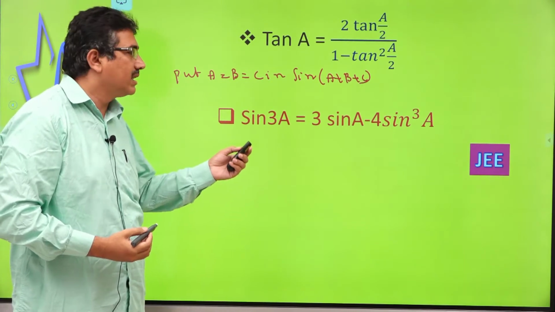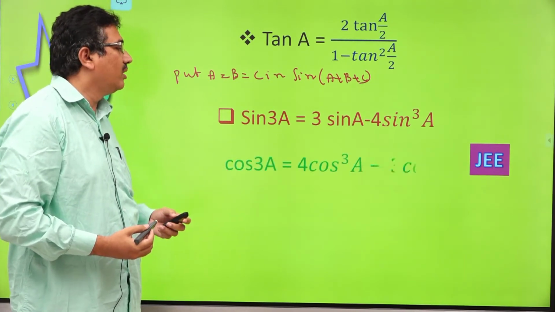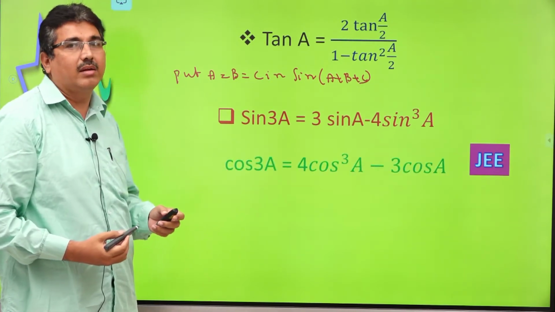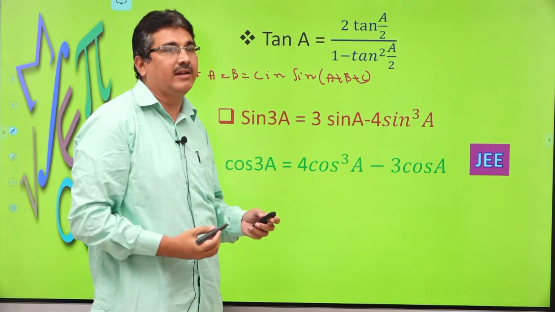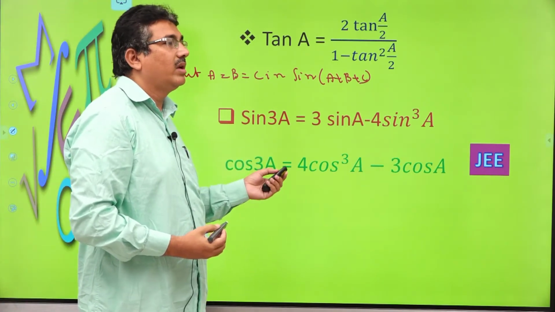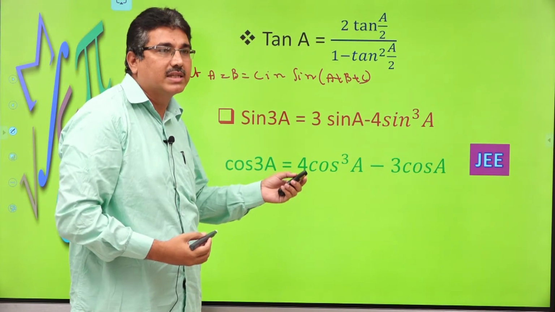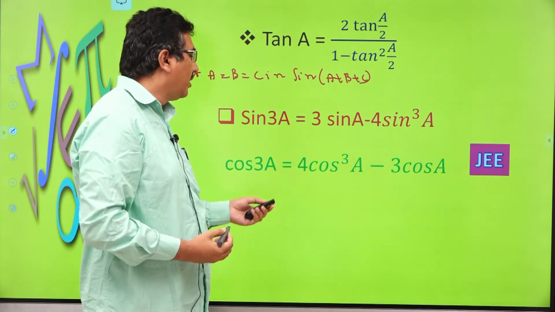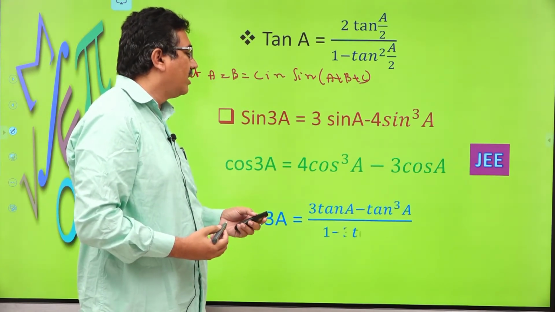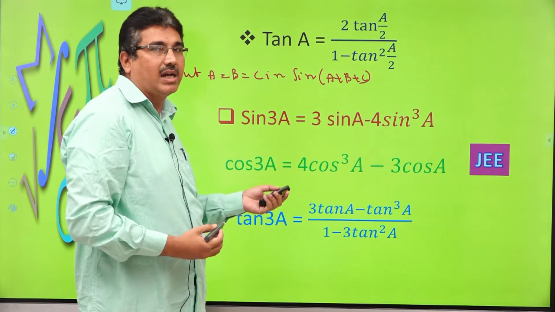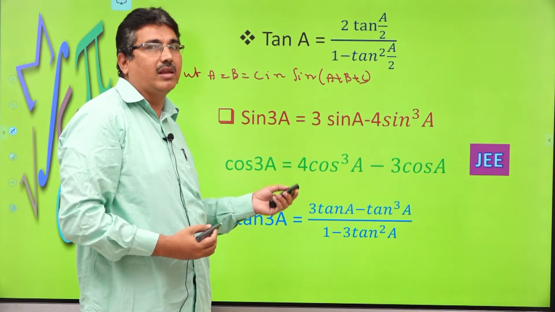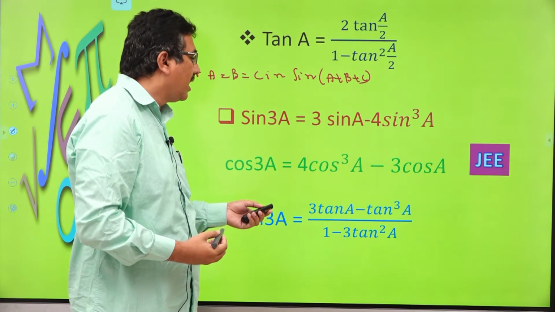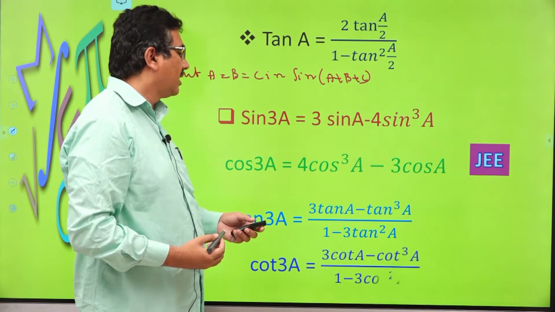Similarly, cos 3A is equal to 4 cos cube A minus 3 cos A. Now, from the tan of A plus B plus C formula, we have the tan 3A formula. Similarly, from the cot of A plus B plus C formula, we get the cot 3A formula, right?